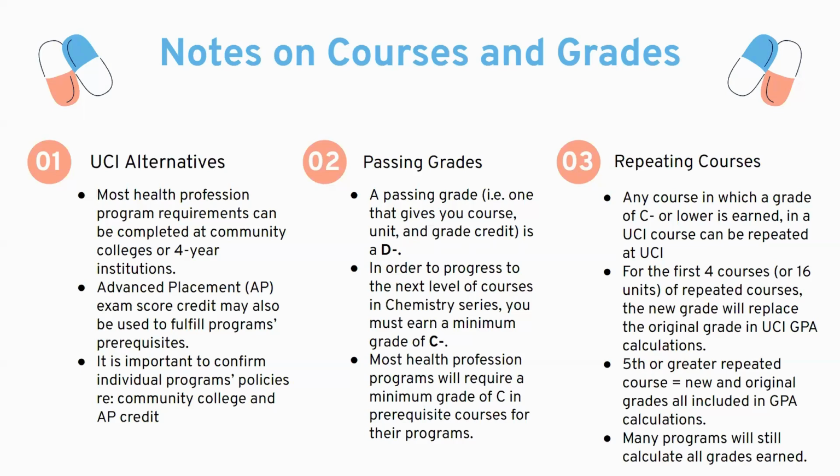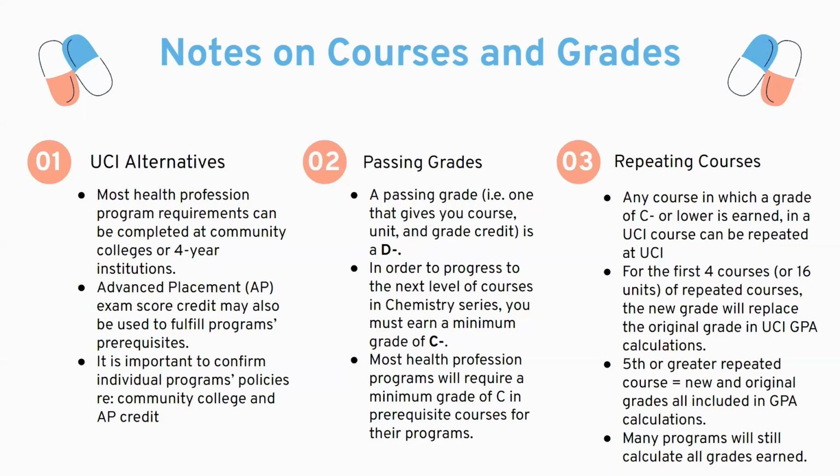If a student were to repeat 5 classes or more, the new and the original grades get calculated into the GPA. Okay, so the best forgiveness in a sense would be those first 4 repeats where the new grade completely replaces the original grade in your GPA calculation on your UCI transcript.